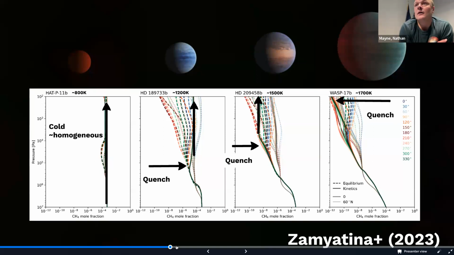You can see it's getting more and more different from the equilibrium, and you see the lapse rate. I don't know, sorry, but in general I know what you mean. How the methane mixing is actually decreasing. Yes.